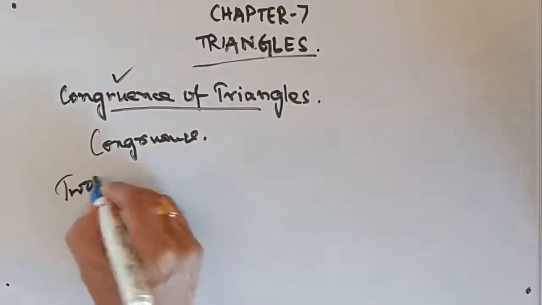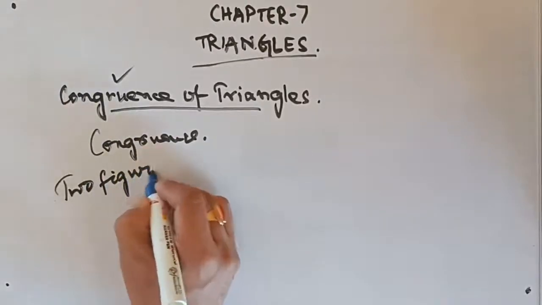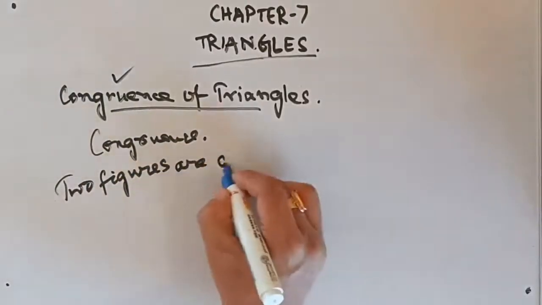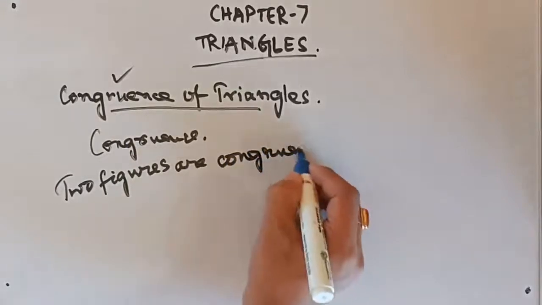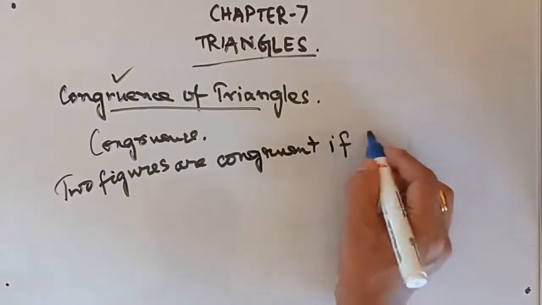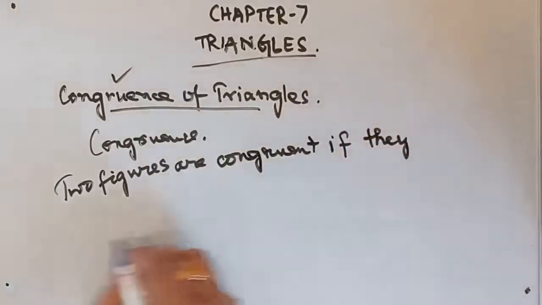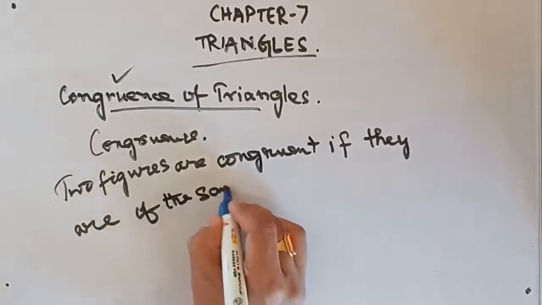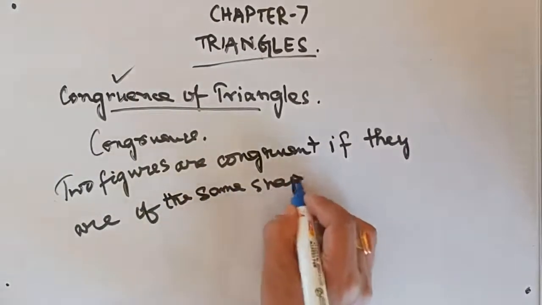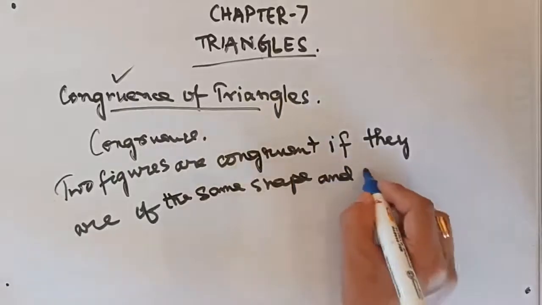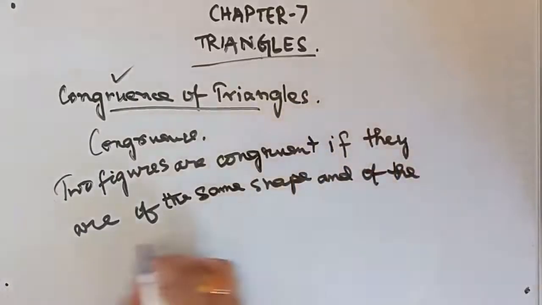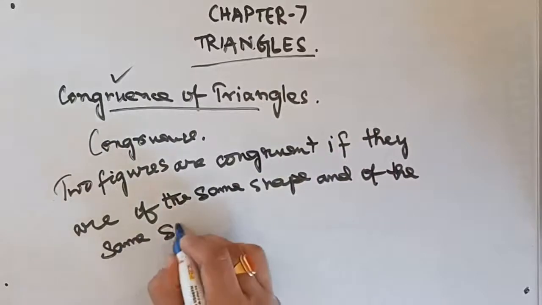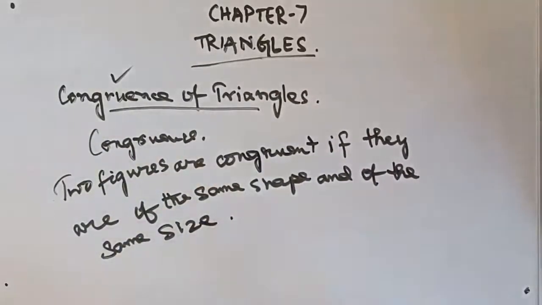Two figures are congruent if they are of the same shape and of the same size.